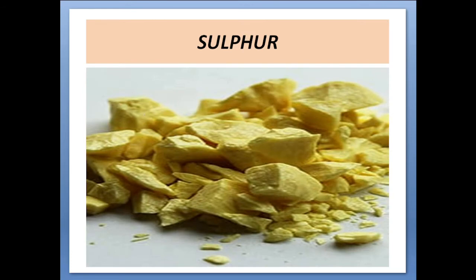Sulfur is a bright yellow crystalline solid at room temperature, and sulfur is abundant, multivalent, and non-metallic. Sulfur is a chemical element with the symbol S, and atomic number 16.